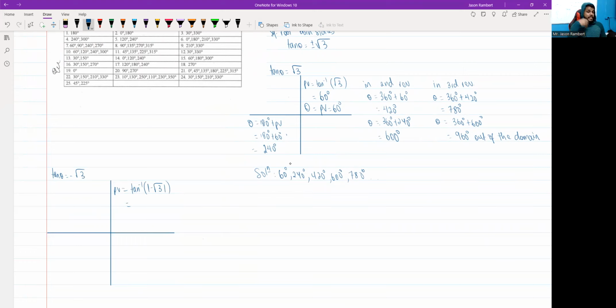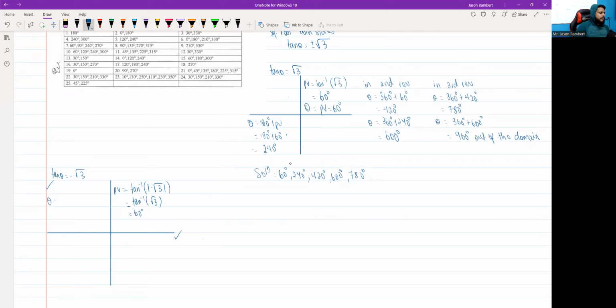Given that these two are part of the same question, this is going to yield tan inverse of root 3, which is equal to 60 degrees. Every time we have to calculate the principal value. So where is tan theta negative? Tan theta is negative here and here.